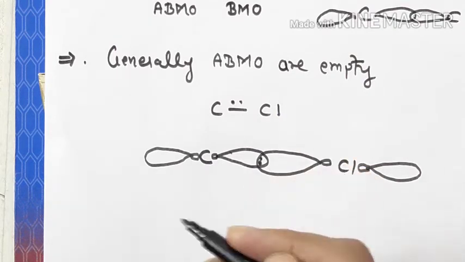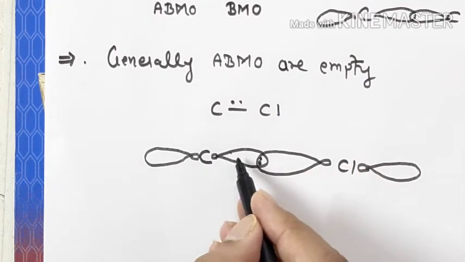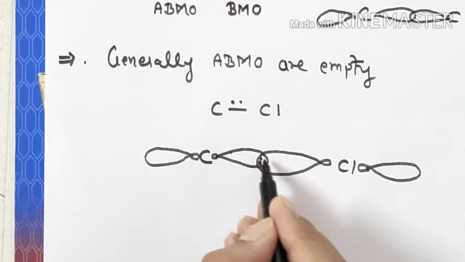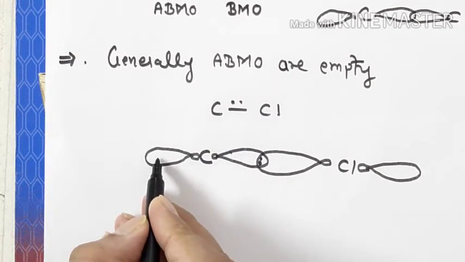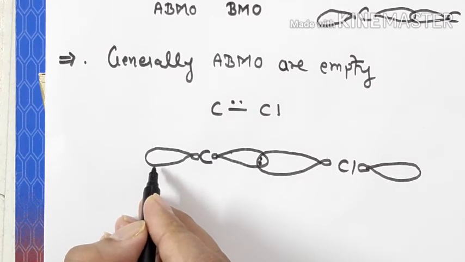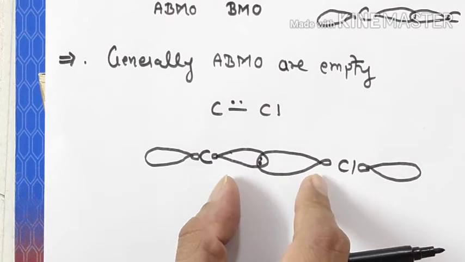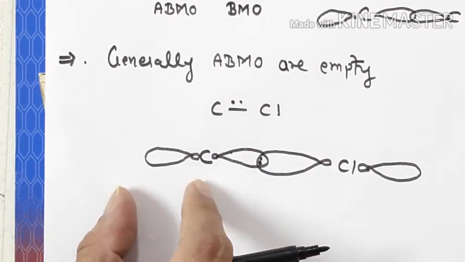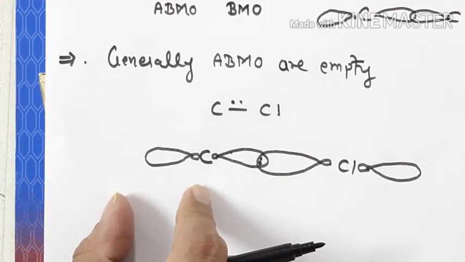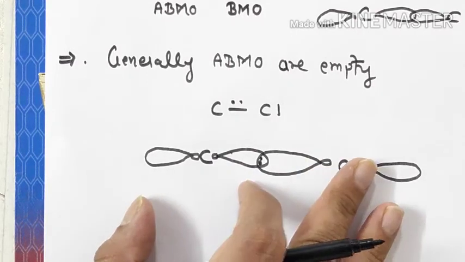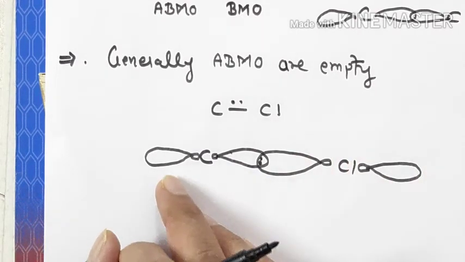If both electrons are present in this bond, then this will remain empty. Generally, bonding orbitals contain electrons and anti-bonding orbitals do not. They are normally empty.